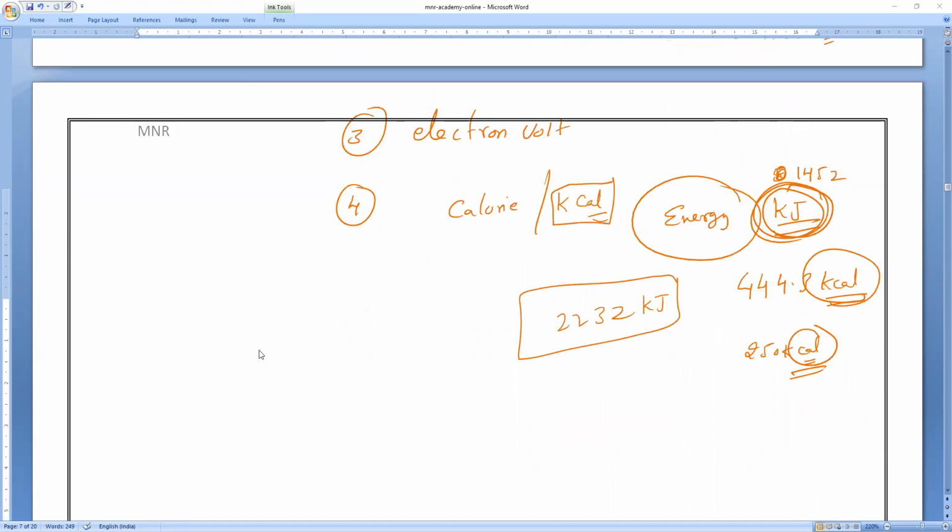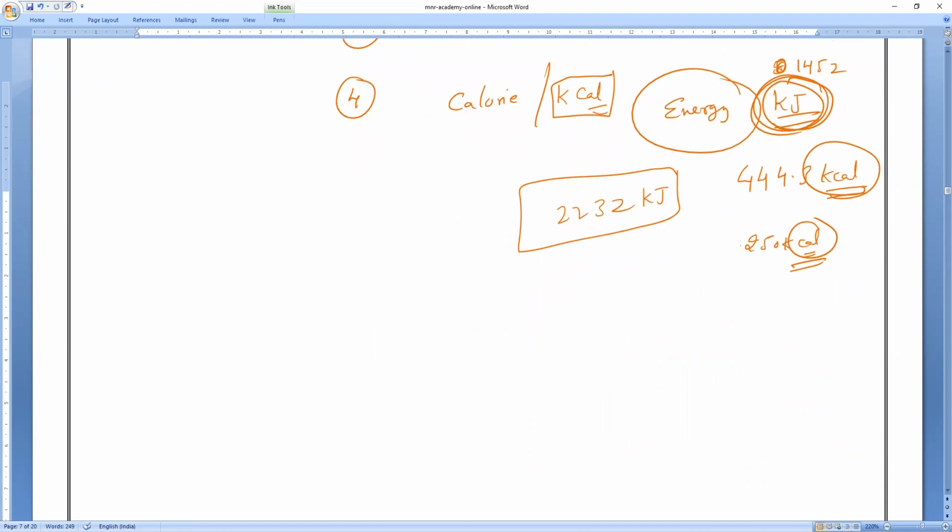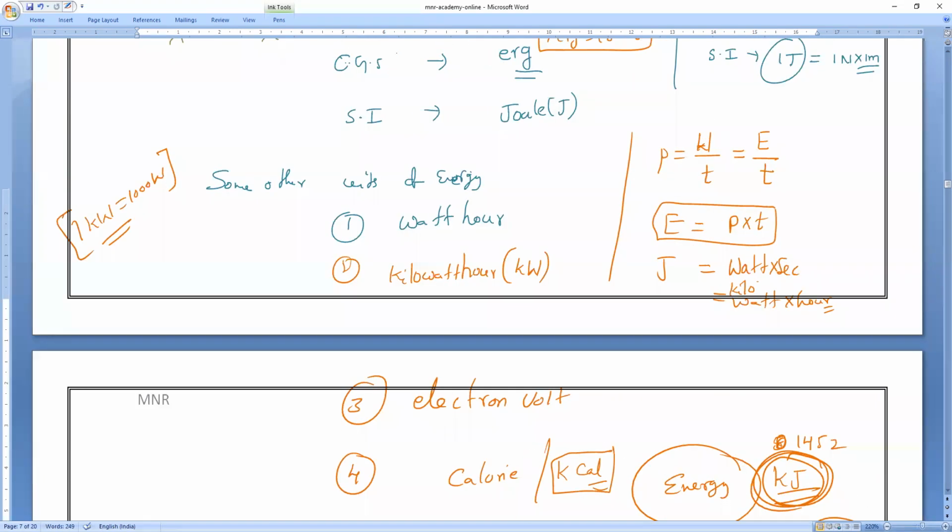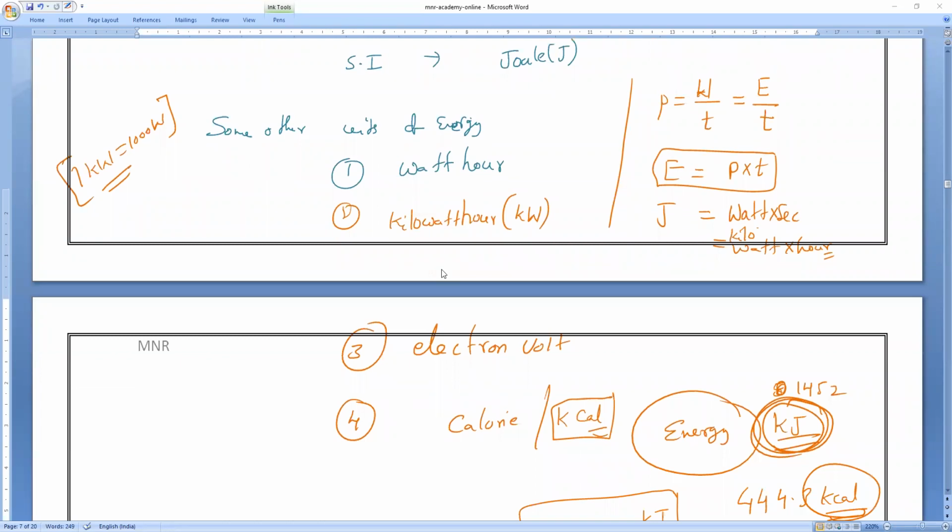Very high energy will be there. So these all are energy units. Galaxy, 196 kilocalorie, 36 grams. So these are some other units of energy.